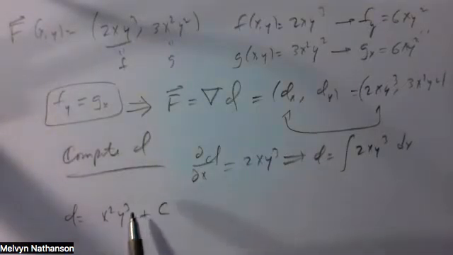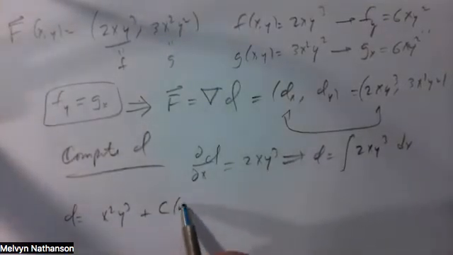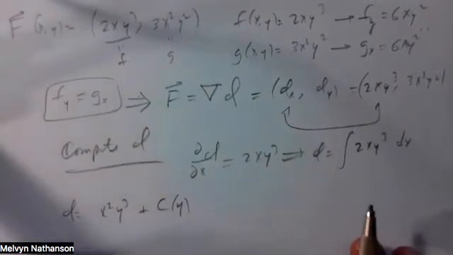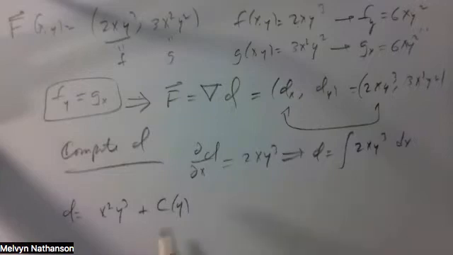But the constant means constant with respect to x, so it could be a function of y. So phi is x squared y cubed plus any function of y. That is, if you take phi to be this for any function c of y, if you differentiate with respect to x, you get 2x y cubed plus 0.